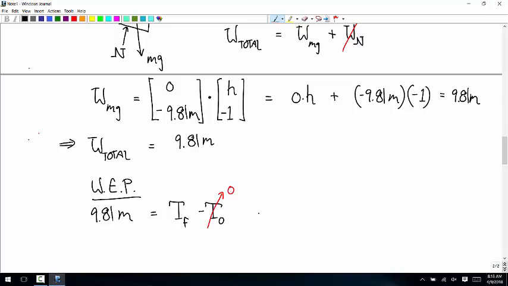And so this is just equal to 1/2 m v final squared. You can cancel the m's, and you get v final is equal to the square root of 19.62, which is, what's that, 4.45 or something?